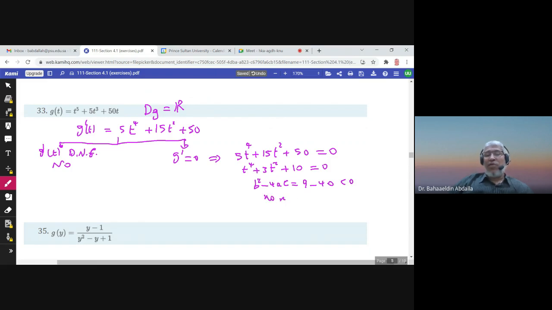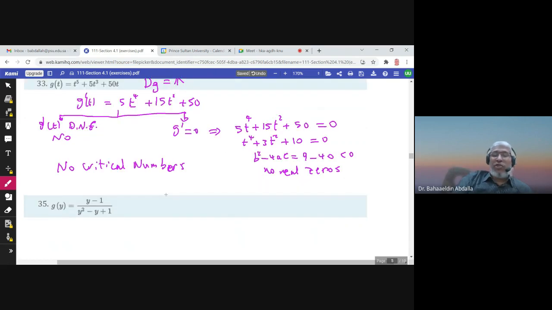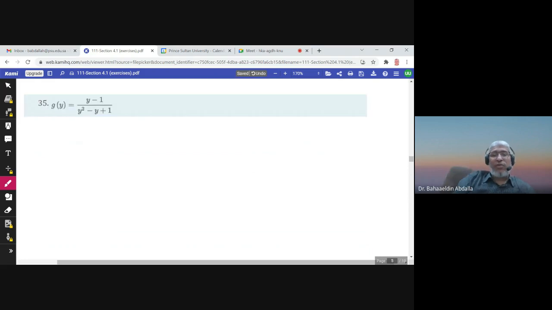So it has no real zeros. Okay, so there is no real number that makes g prime 0, and this means no critical numbers for this function. Okay, so this is a nice example in which a function has no critical numbers.